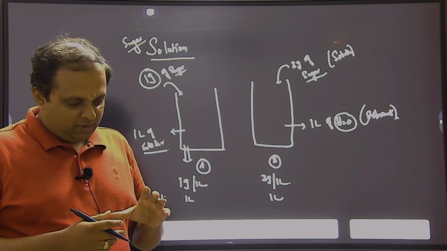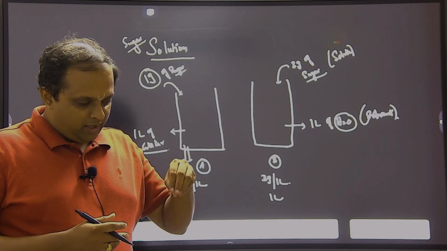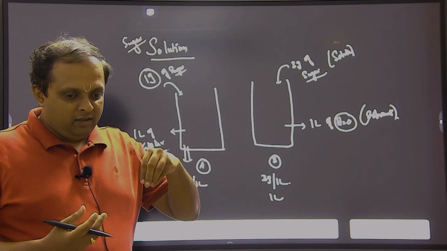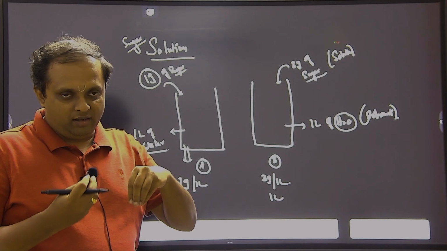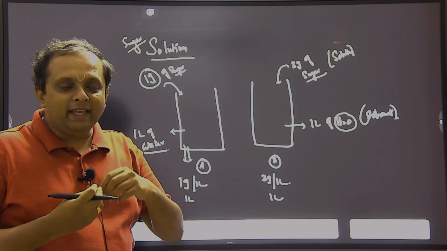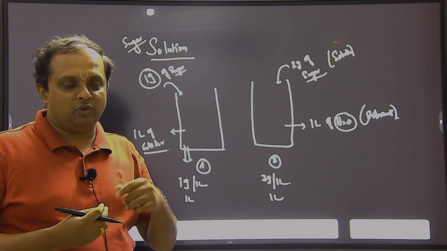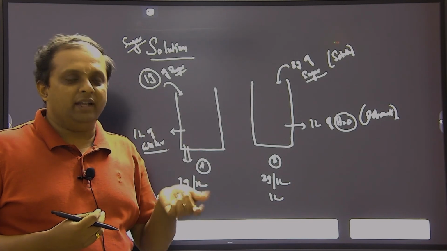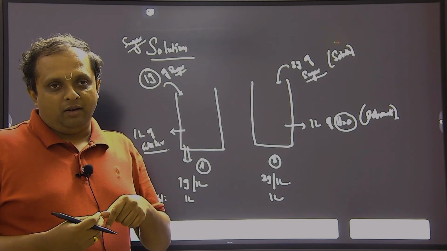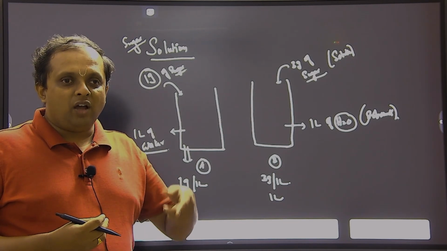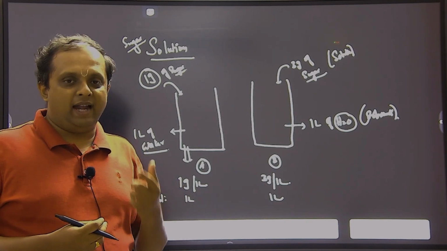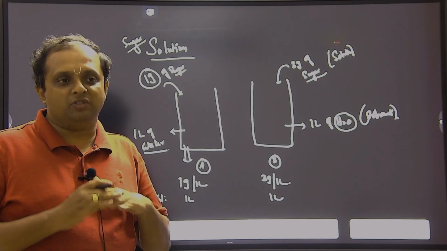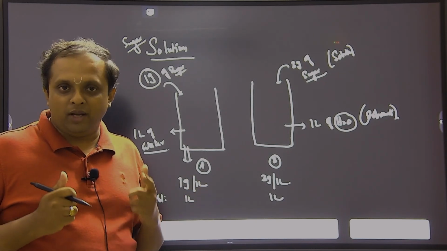So what happens when a solute is added? The solvent molecules present in the solution are going to engage the solute molecules so that the solute molecules get dissolved. But when all the solvent molecules are engaged, the further solute molecules which are added will not get dissolved. I hope you get this point.